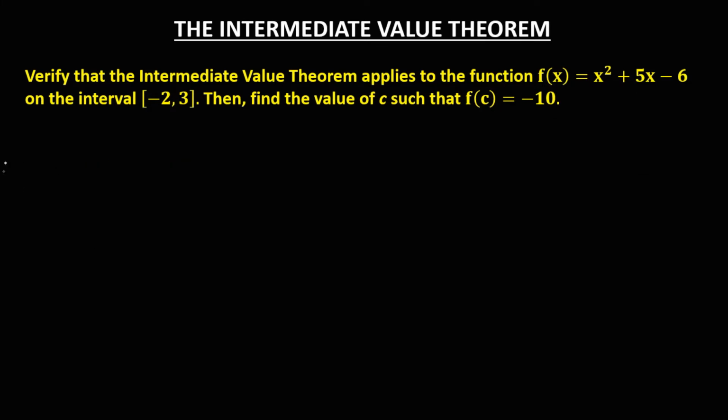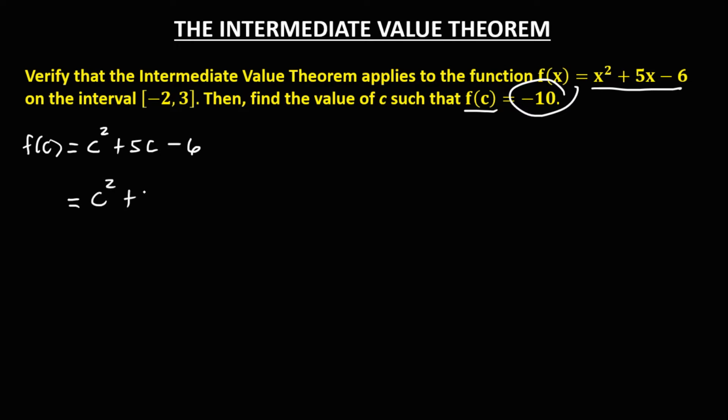So to solve now for c from f of c, this becomes c squared plus 5c minus 6. Since f of c is -10, we have c squared plus 5c minus 6 equals -10.